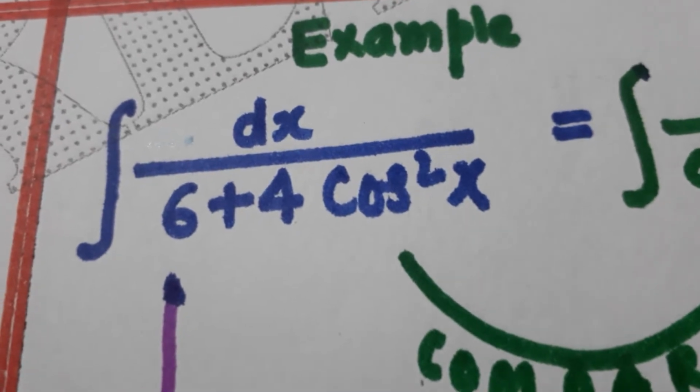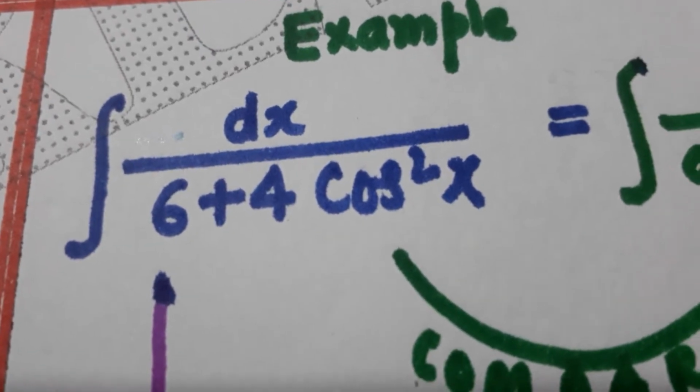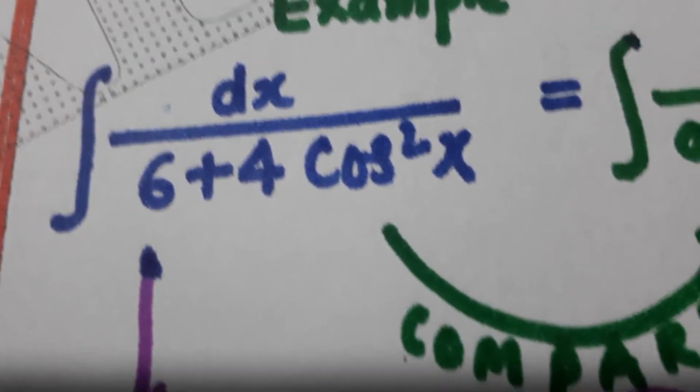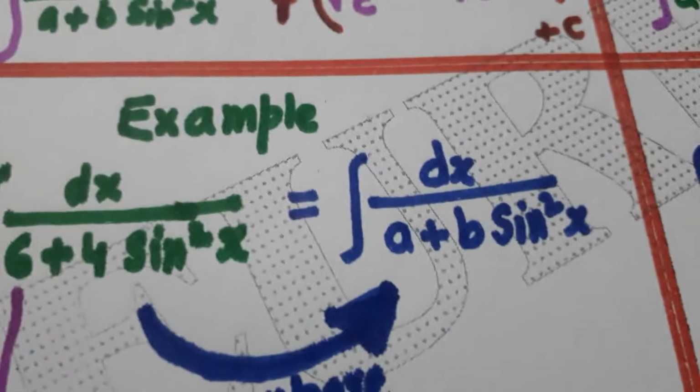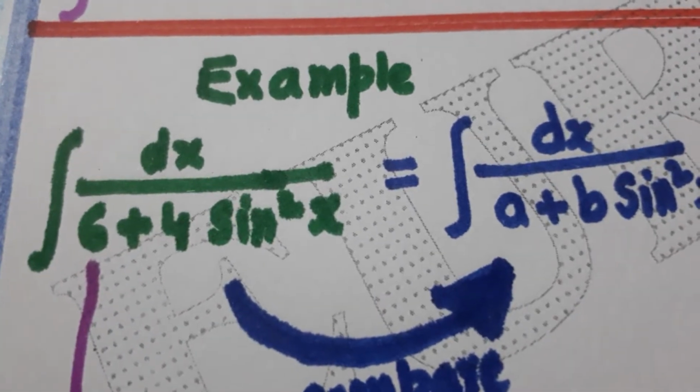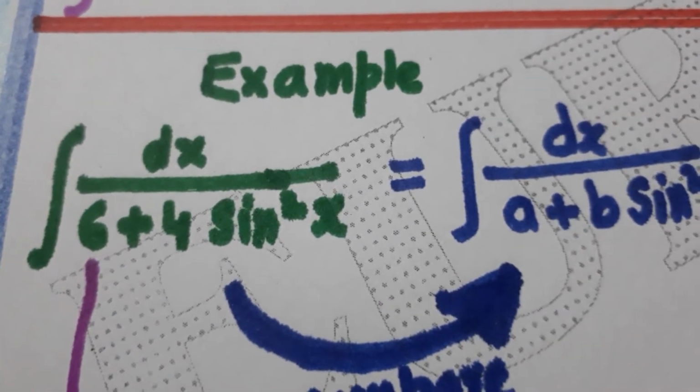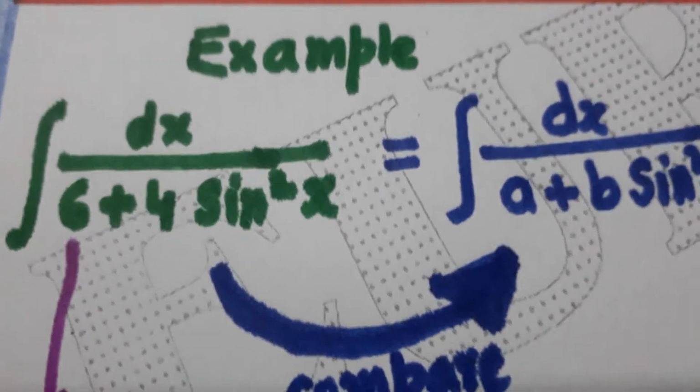First is integration of dx over 6 plus 4 cos square x, and the other one is integration of dx over 6 plus 4 sine square x. Now let us see the formulas.